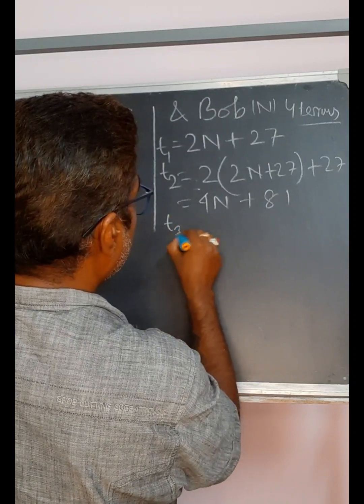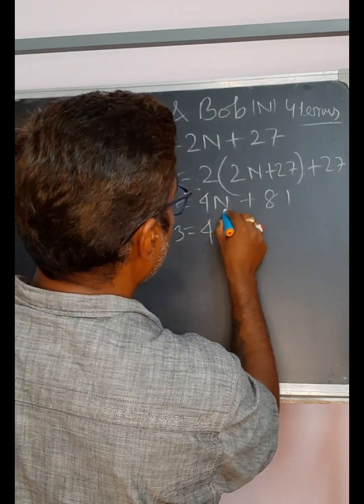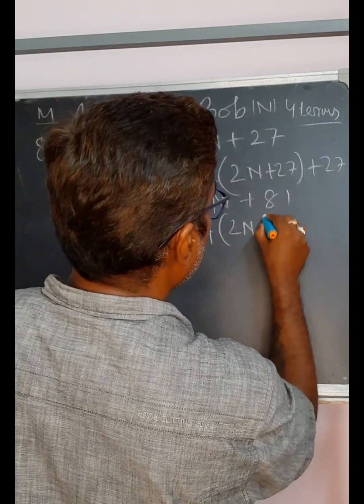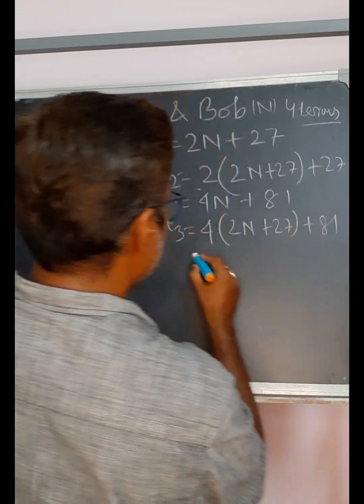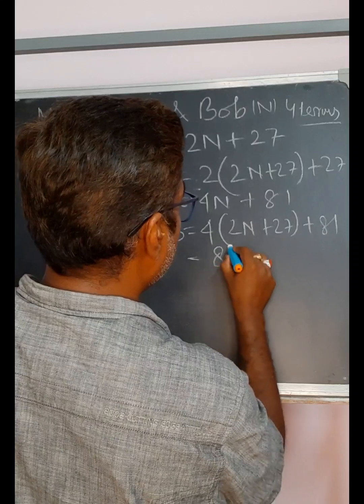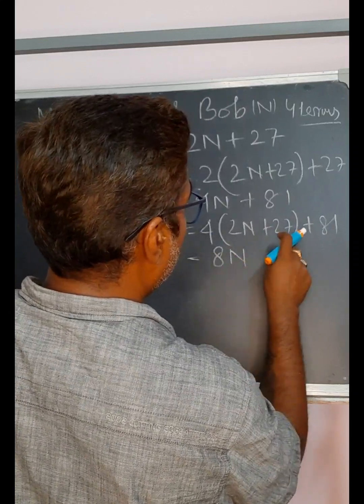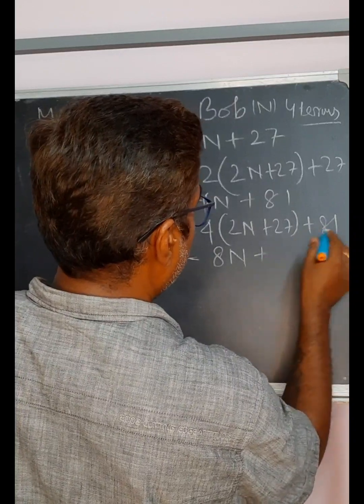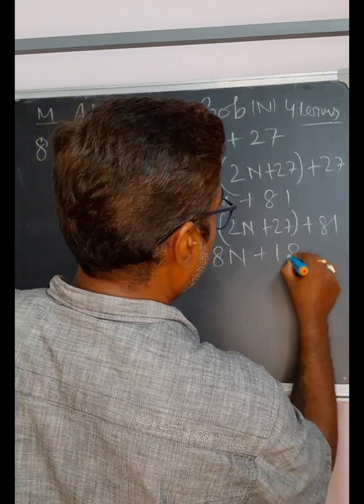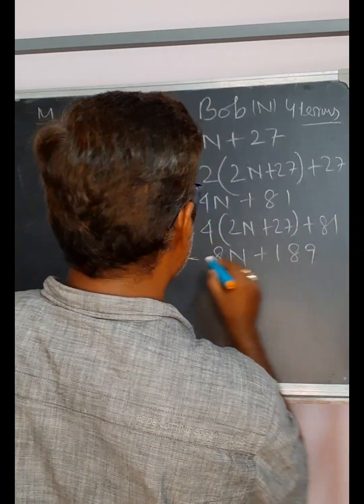So T3, I will get 4(2n + 27) + 81, so that gives 8n + 108 + 81, that means 8n + 189. This is the third term.